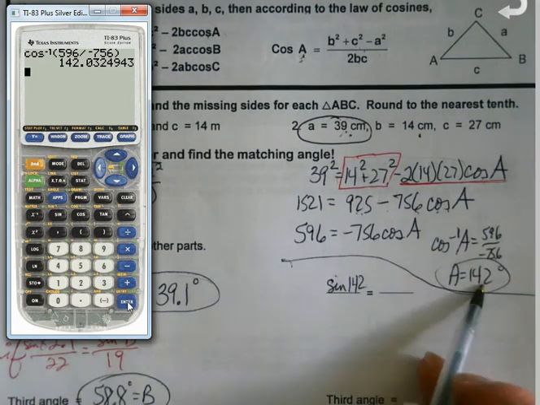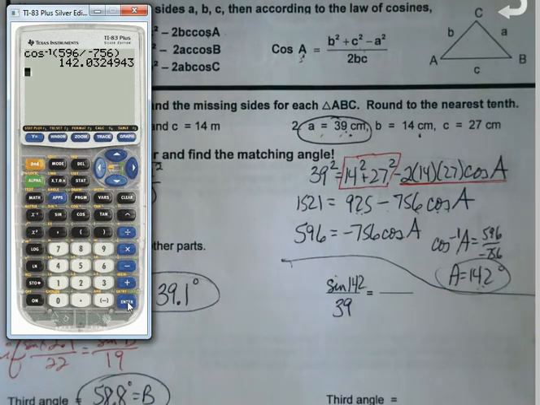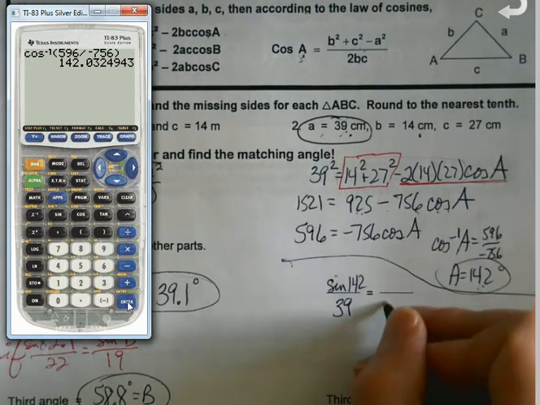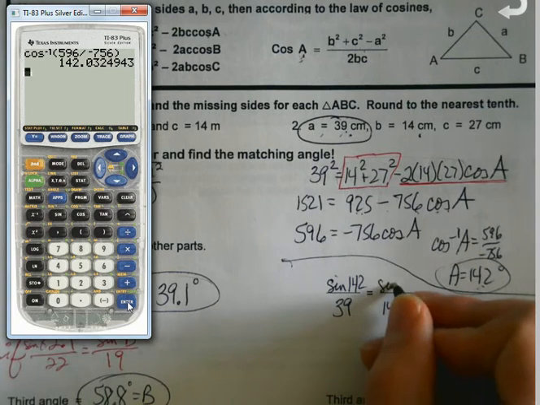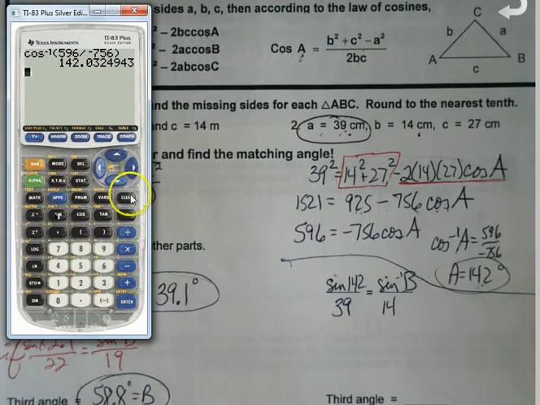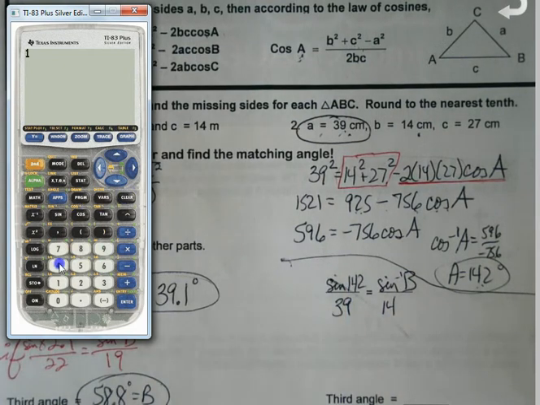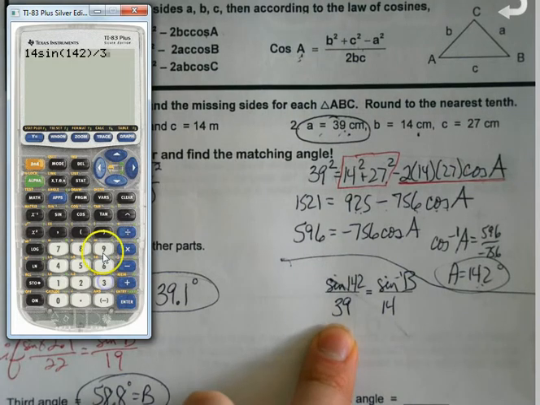But I now have my corresponding side and angle, so I can use the law of sines from here on out. And then I just play the cross multiplying game. The one that doesn't have the b, we'll do that first. And we'll divide by whatever's with my sine of b.